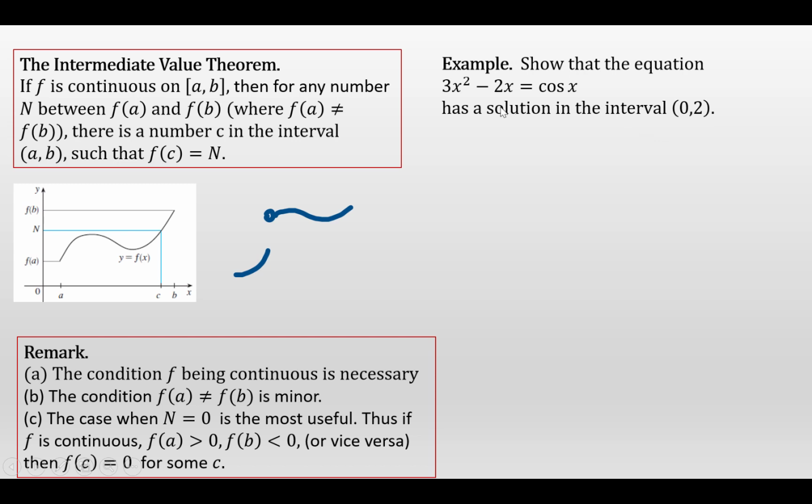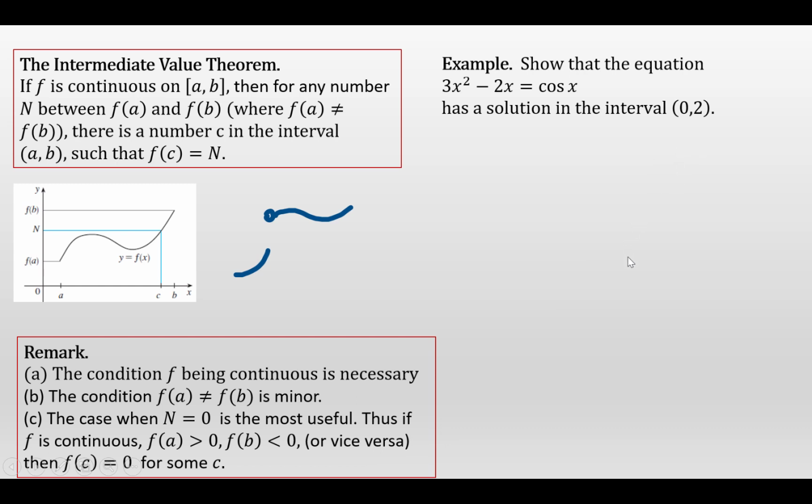Notice it is not easy to solve this equation explicitly because it's difficult to deal with cosine x. But we can actually prove there is some solution between 0 and 2. So to do that, we're going to apply the intermediate value theorem. In fact, we're going to apply this remark here.